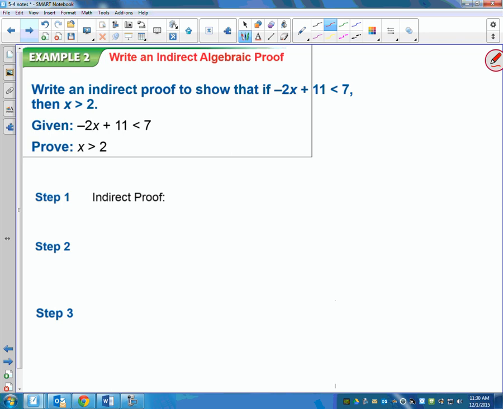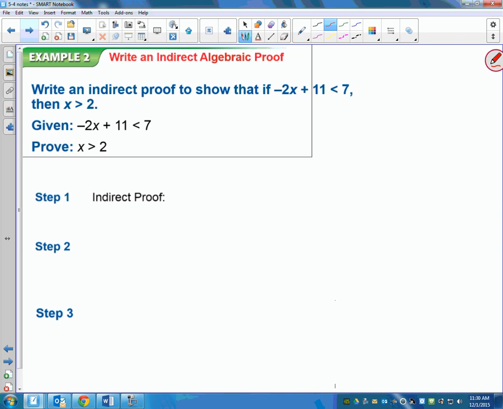So step 1, we have to assume the opposite is true, right? What will we assume is true? If we're trying to prove that x is greater than 2, x is less than 2, or x is equal to 2, either one of those would be a contradiction.